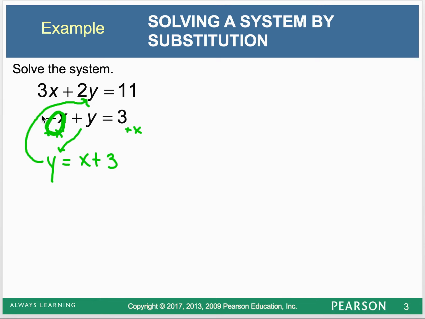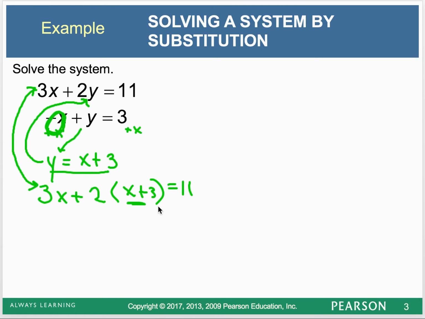So now I'm going to rewrite this equation, and I'm going to make it 3x plus 2, but instead of times y, y is x plus 3. Then finish the equation: equals 11. So these equations are the same, 3x plus 2y equals 11.